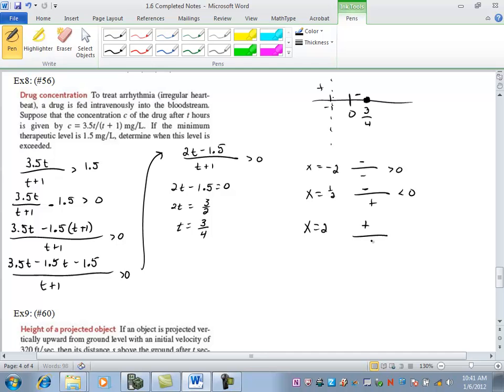That's positive. 2 plus 1 is positive. And so we've got a positive result here. So the level is exceeded when T is greater than 3/4 hours or 45 minutes.